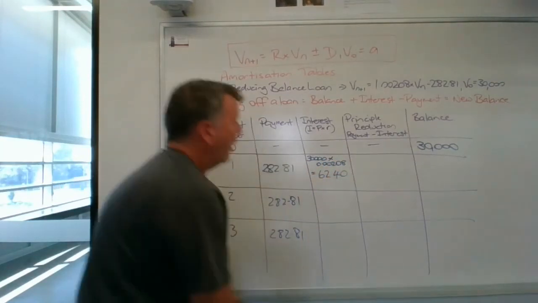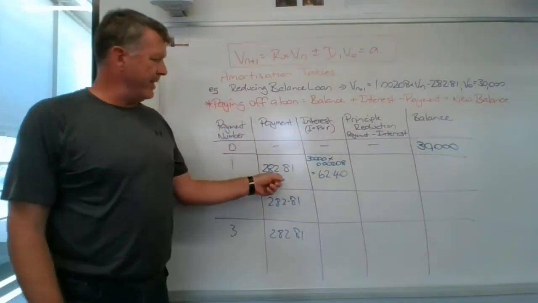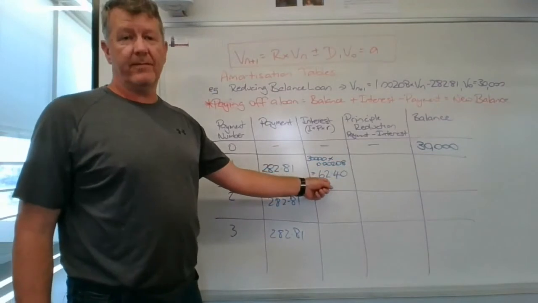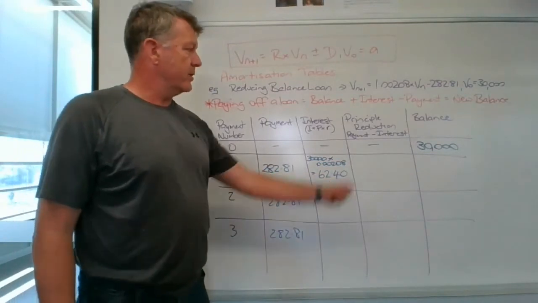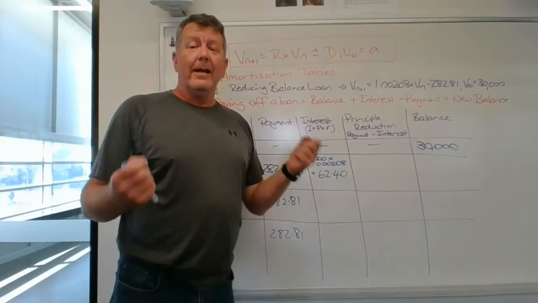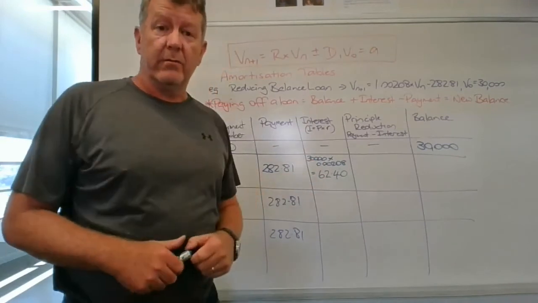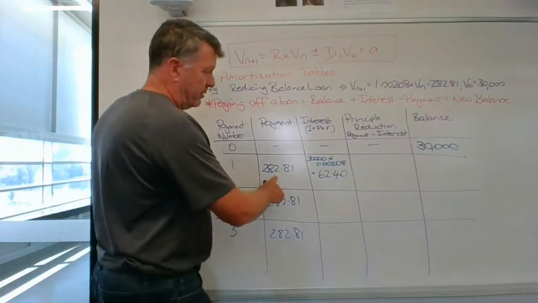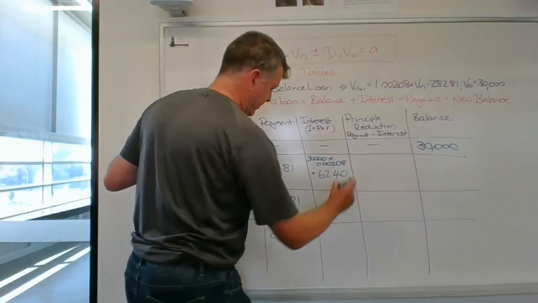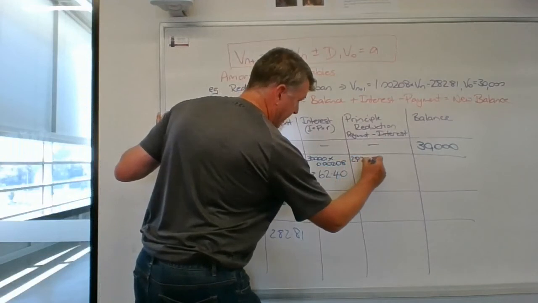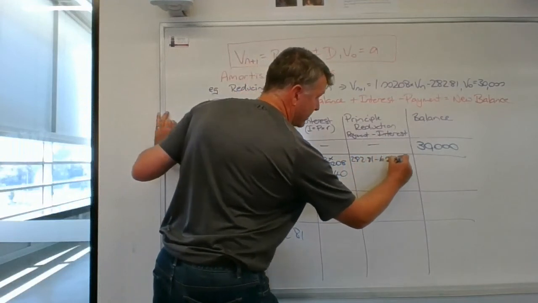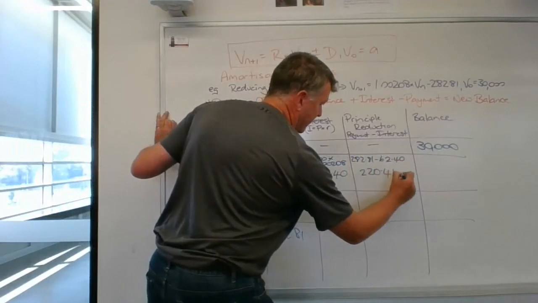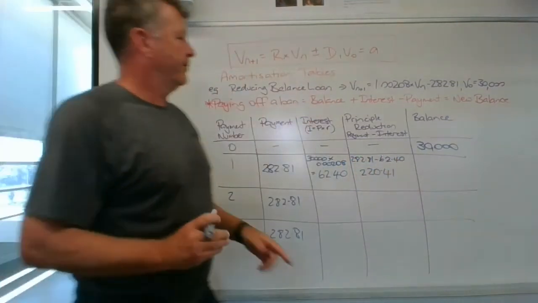So we're going to make a payment, and out of that, $62.40 is interest. To work out the principal reduction, literally how much the principal is going to reduce, we've got 282.81 minus $62.40, which equals $220.41.